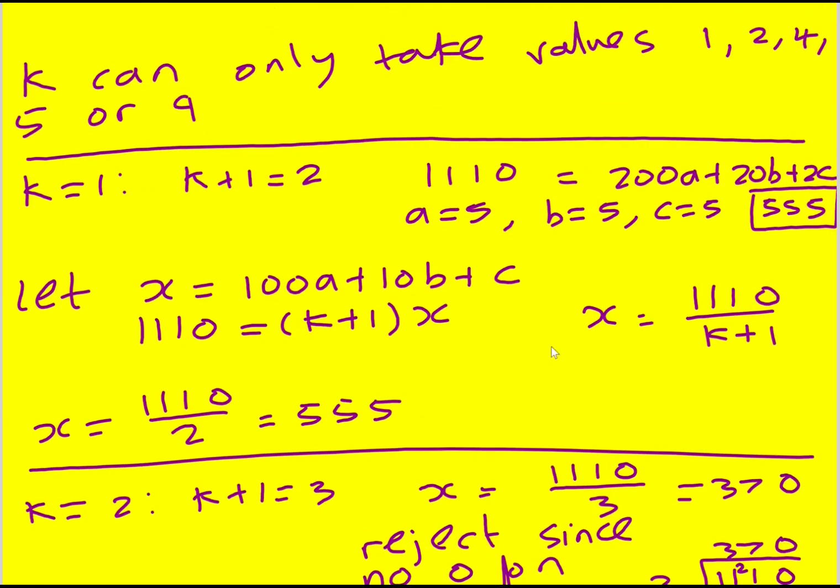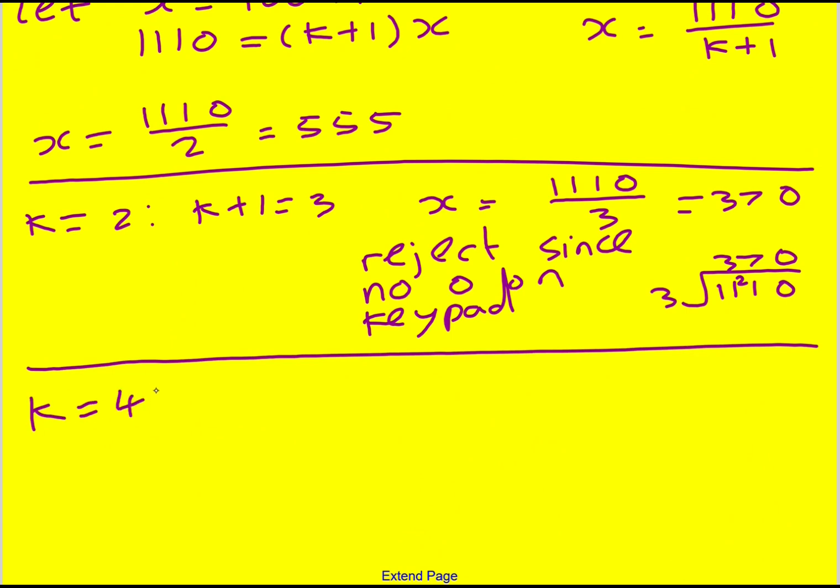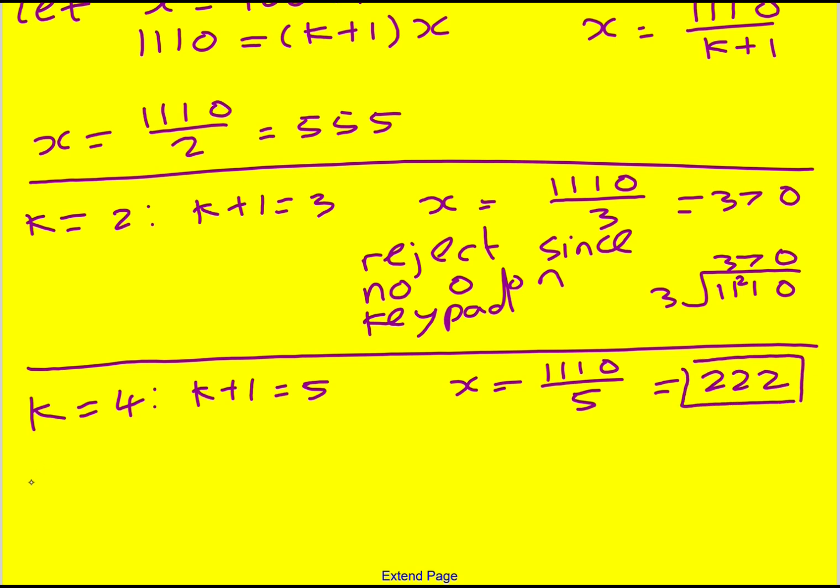Okay, next up, we've got 4. To divide by 5, we can divide by 10 to give 111 and times by 2. 222, which is okay. K equal to 5, which takes us back to K plus 1 equaling 6.